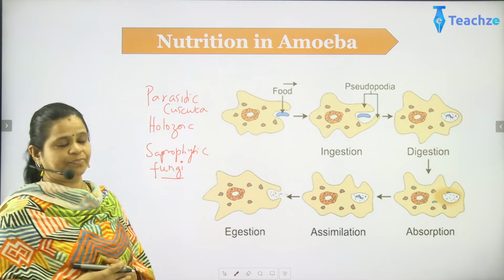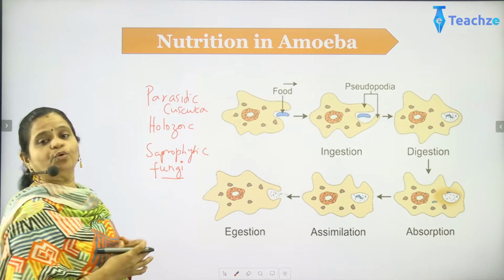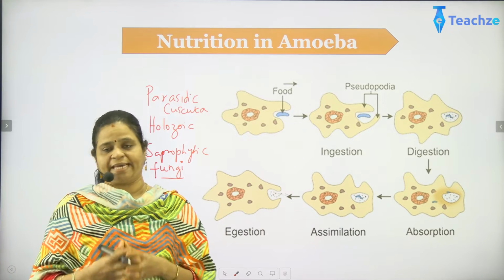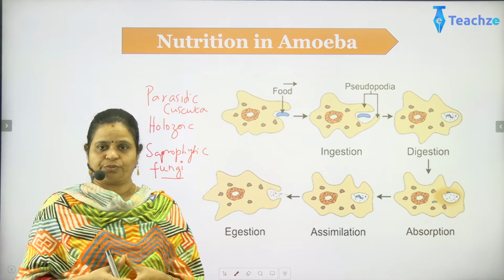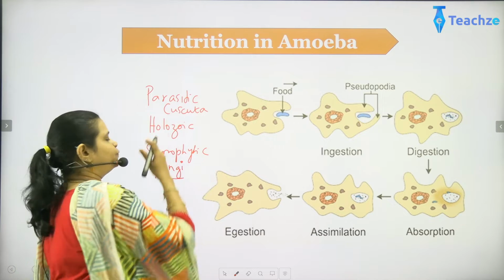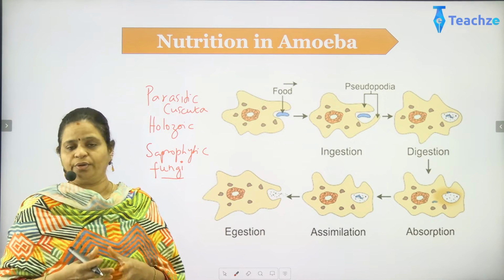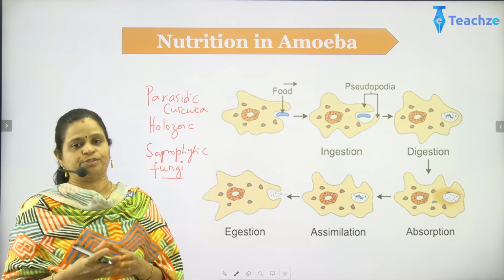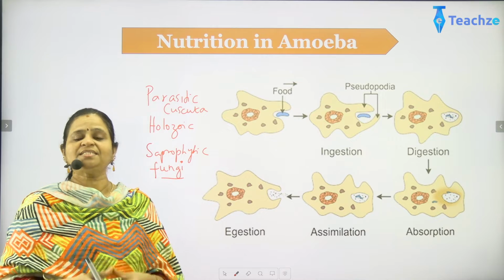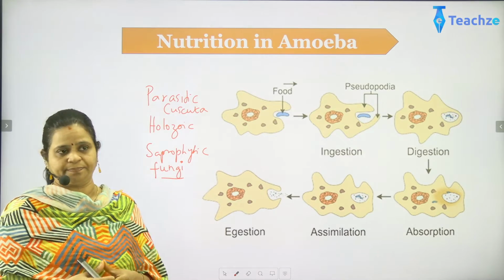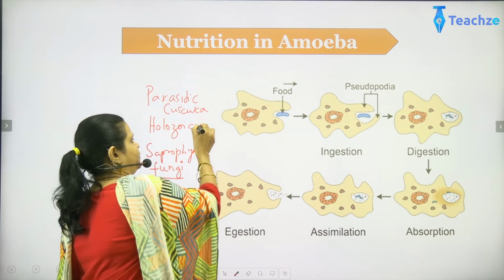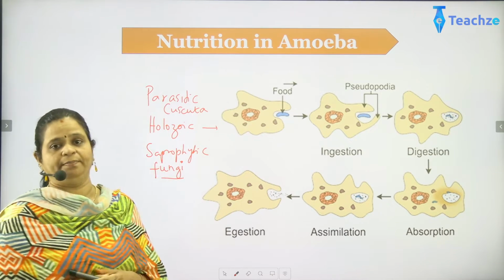Holozoic also comes under the same category of heterotrophic nutrition, but here the food is taken or swallowed inside as a whole, and then the process of digestion starts inside the body of the organism. For this, we gave the example of amoeba.